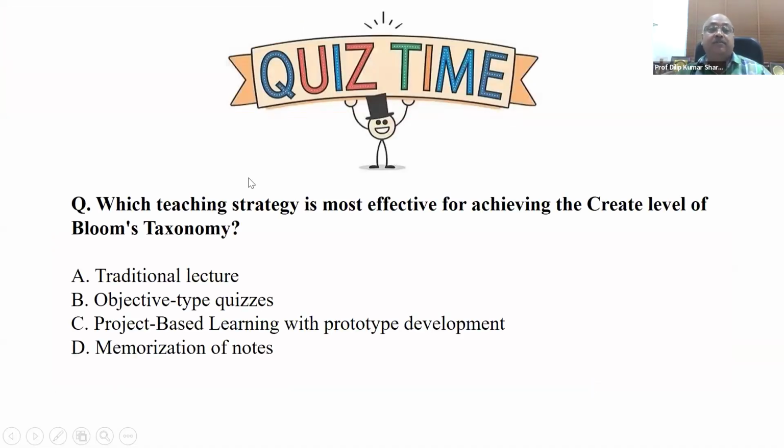Please give the answer to this question. Give the answer, Madhumita, Ankita, very good. Pashankarji, you give the answer.